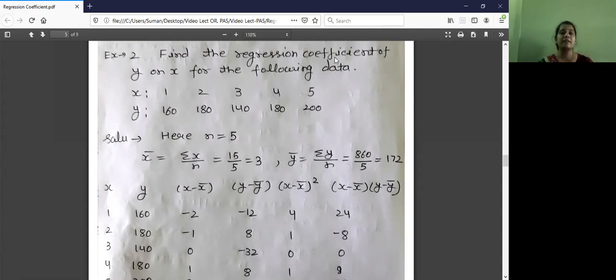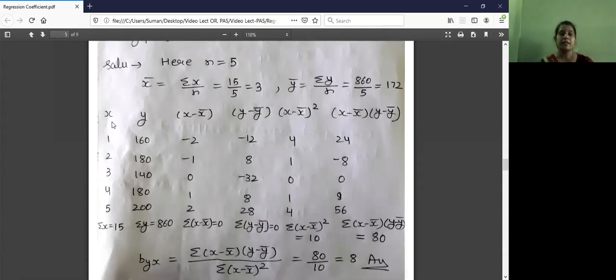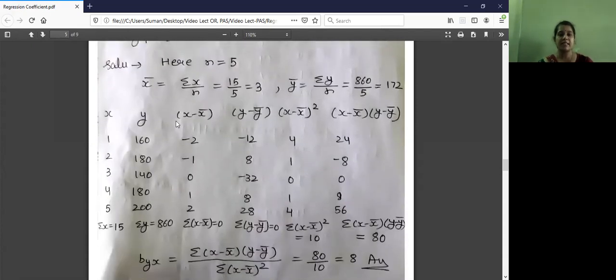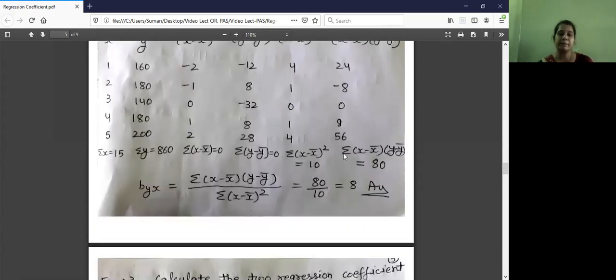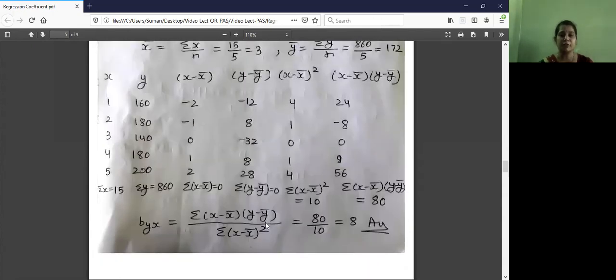And we find the regression coefficient of y on x. So here we write the column of x, column of y, write all these values here. Before making the table, first you write the formula, because according to your formula, if you remember the formula, then you have to make the table accordingly. Got it? No need to find extra values. So first we write the formula.